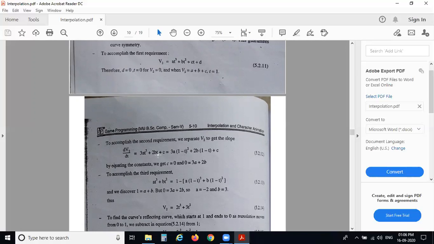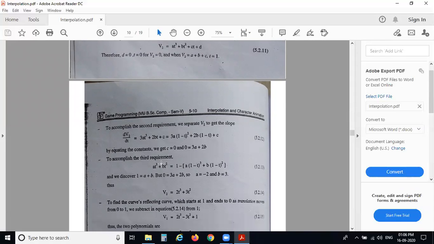So this is equal to 3a, which is taken common here, then in bracket 1 minus t bracket square plus 2b in bracket 1 minus t plus c. Okay, by equating the constant, we get c is equal to 0 and 0 is equal to 3a plus 2b.